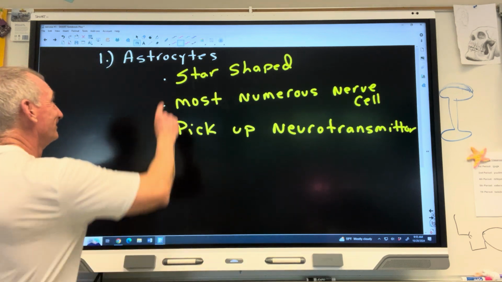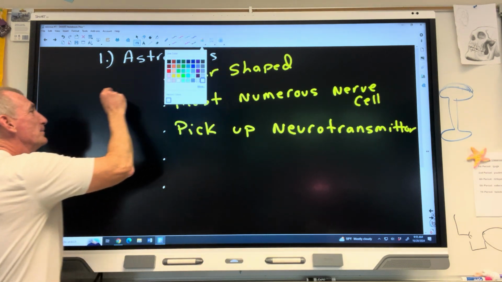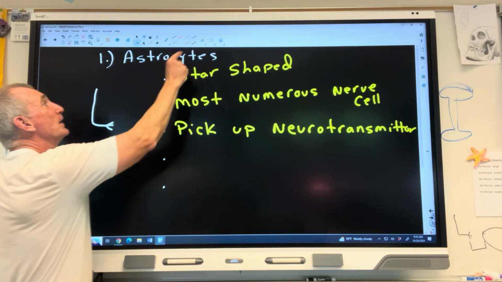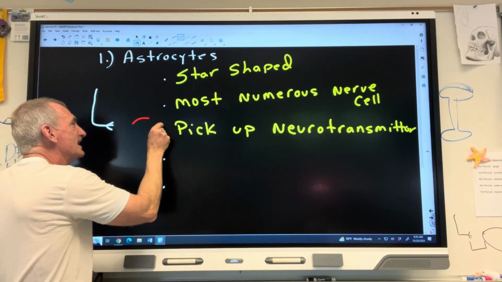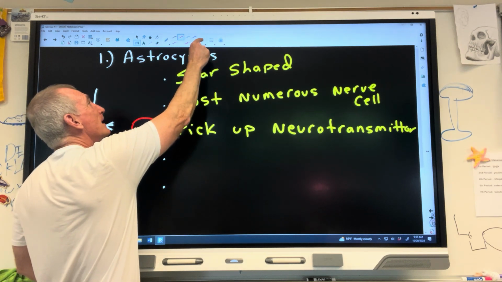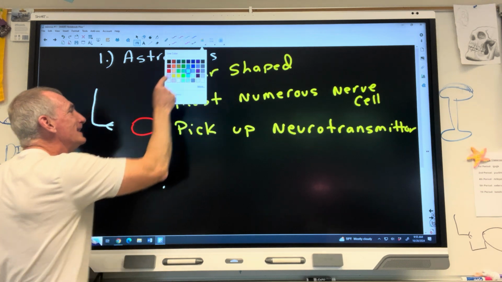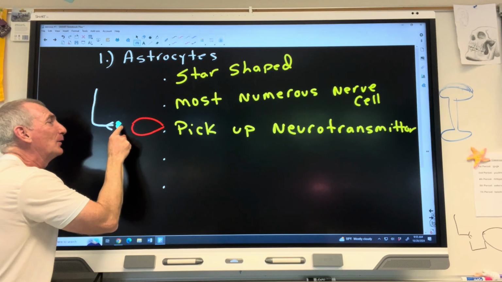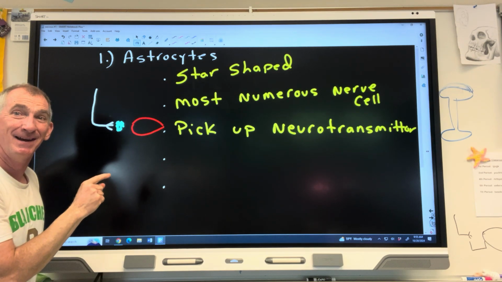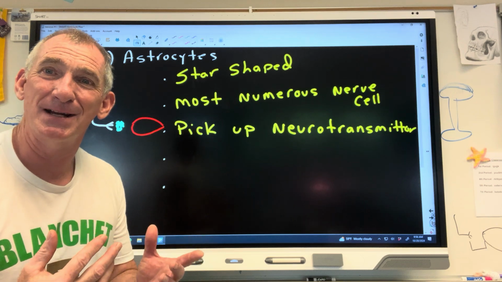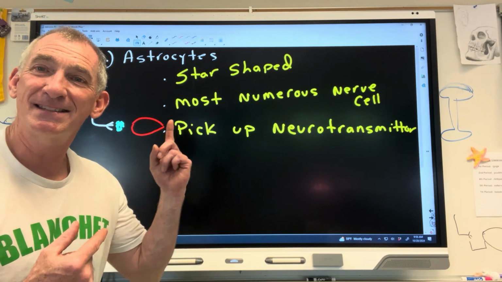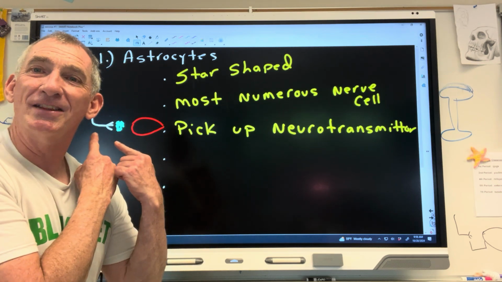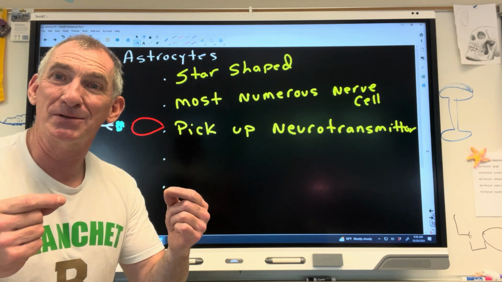Last unit, we said that your brain sends a message down the nerve. At the end of the nerve, there's a space called the synaptic cleft before the muscle. The nerve releases that neurotransmitter, acetylcholine, which floods the synaptic cleft. Well, here comes the astrocytes. Their job is to pick up neurotransmitters. So all along the synaptic cleft are astrocytes.